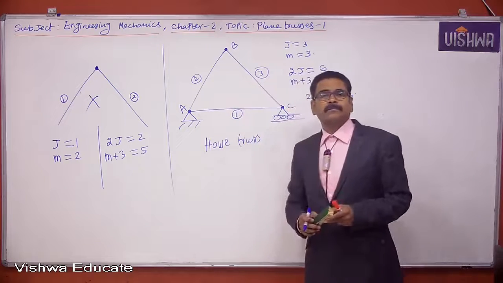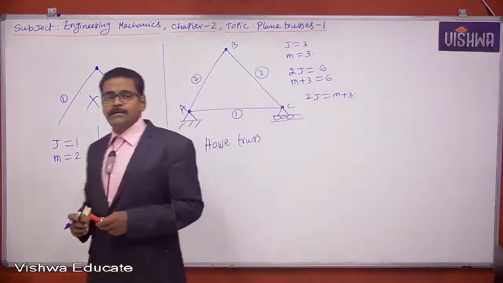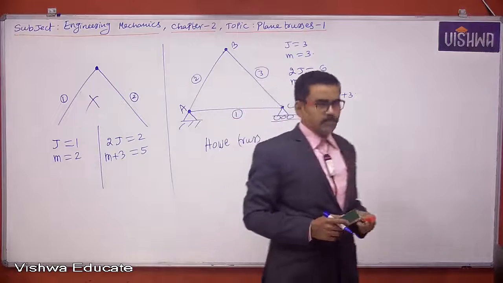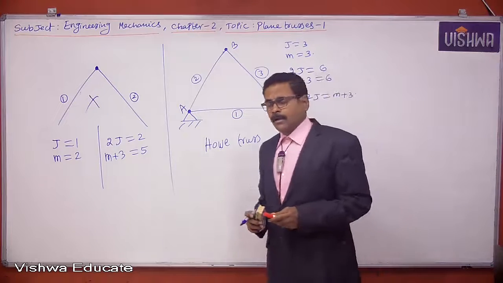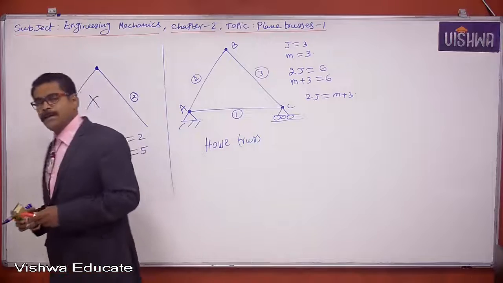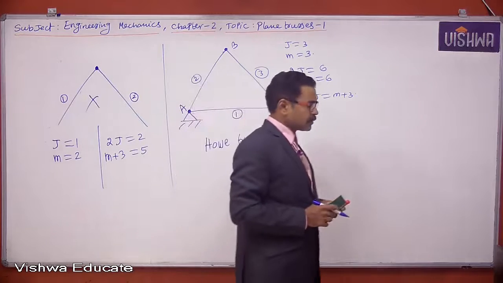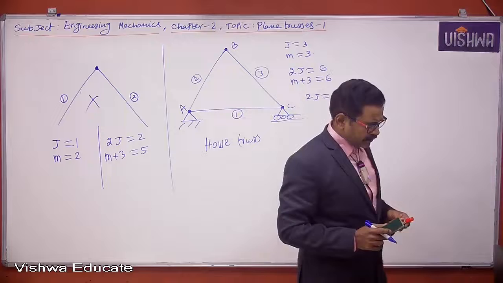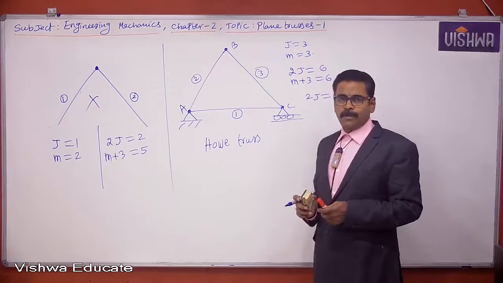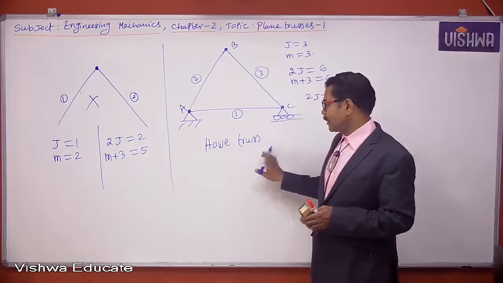Write down the next point. If the number of elements is equal to the number of joints in a plane rigid truss, the truss is called a Howe truss, H-O-W-E.